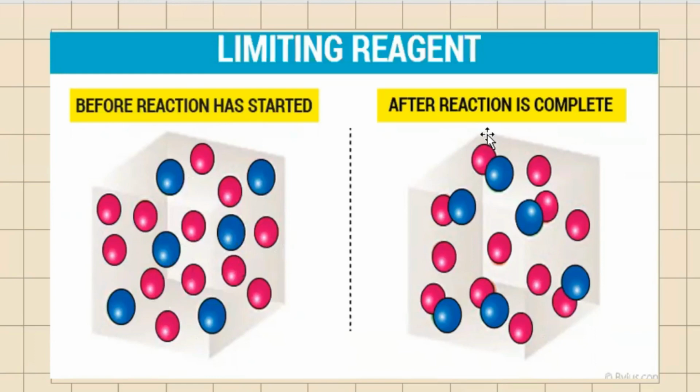After the reaction is completed, all the blue colors are joined together with the red ones, but some amount of the red colors are left over after the chemical reaction is completed. The blue colors represent the limiting reactant or limiting reagent, and the red colors represent the excess reactant or reagent.